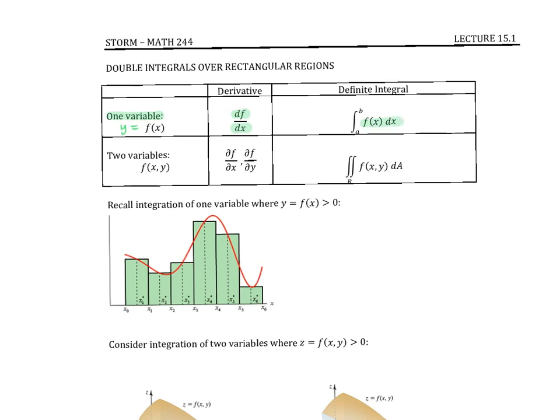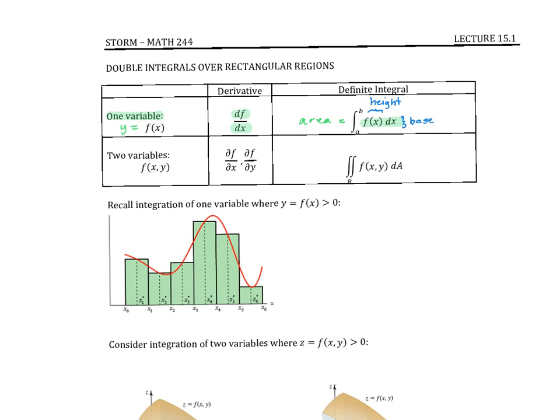But recall that when we're integrating, what we're actually finding, and this would be if the function is above the x-axis, is geometrically we're looking at an area where the f of x would be, say, a height, and the d of x, that would be a base.